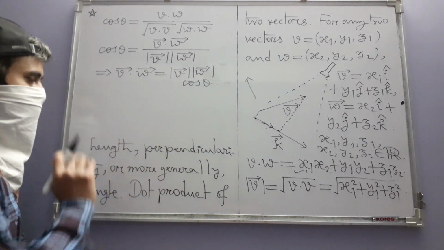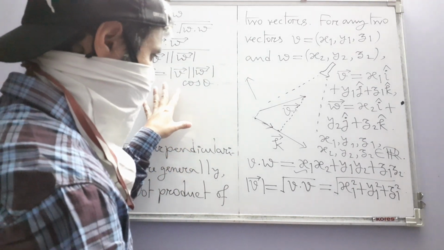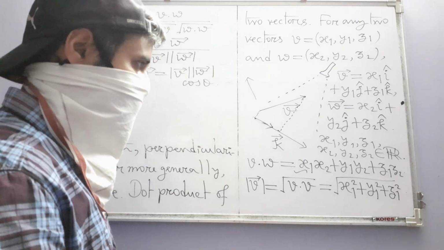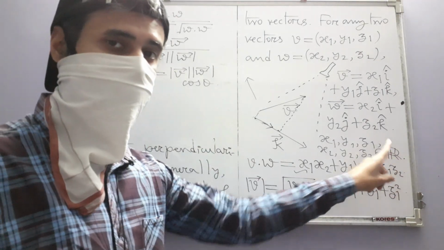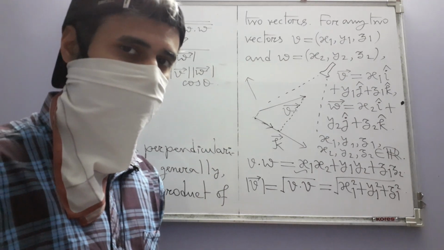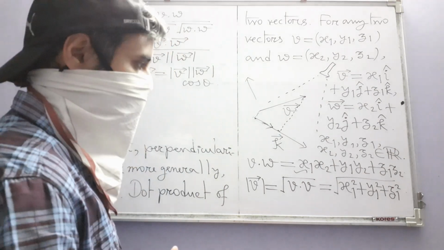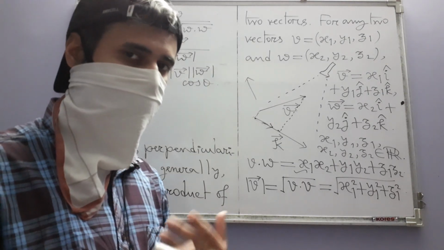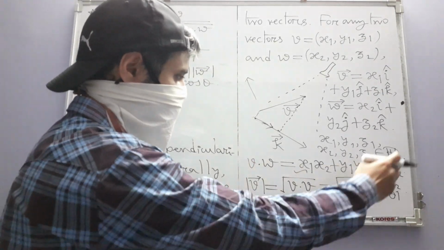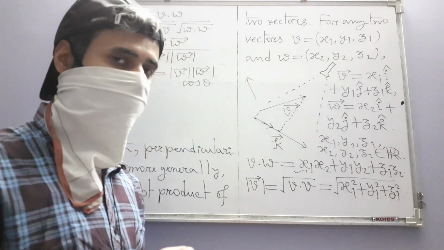Now the question is, can we extend this to the case where in place of R we have C, the field of complex numbers? We can just simply blindly extend this definition, but that will give us problems.